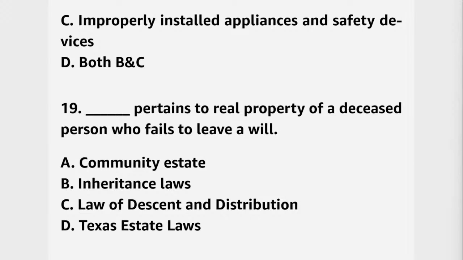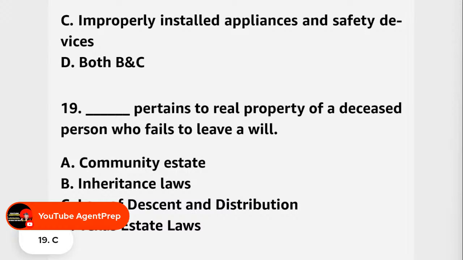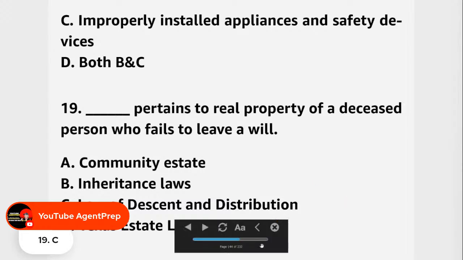It sets forth the rights and liabilities of next of kin and heirs who are entitled to a share of the deceased person's property. If there aren't any heirs, it goes to whom, right? The state, and that is called escheat. Number 20, moving right along.